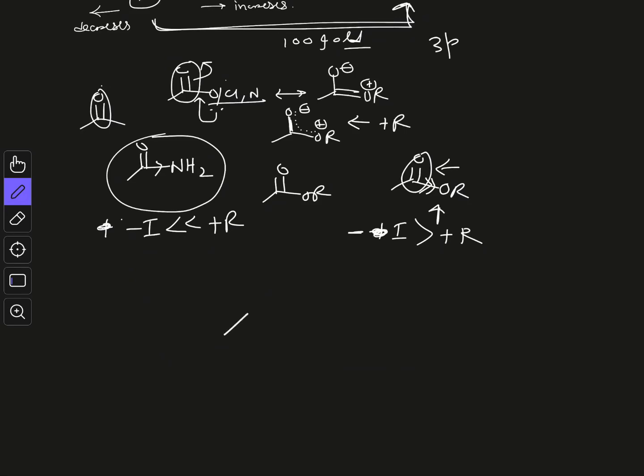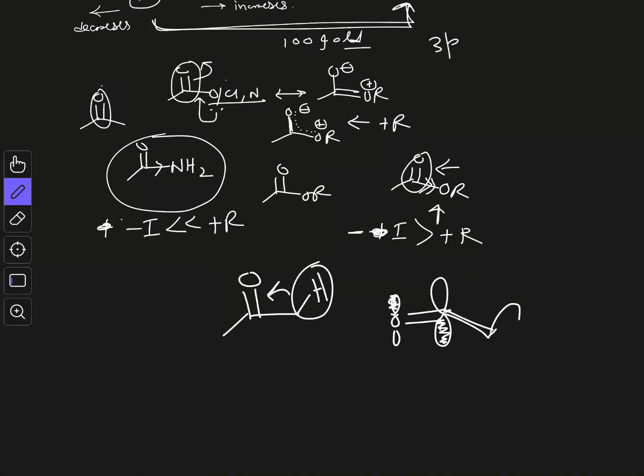Now why is there a difference between aldehyde and ketone? Again, in case of ketone, you can see due to the presence of this alkyl group and this C-H bond, it has hyperconjugation, that is, there is a conjugation between them. So if you draw the pi star orbital here, this is the pi star orbital, so there is a conjugation between this pi star and the C-H bond, that is hyperconjugation.